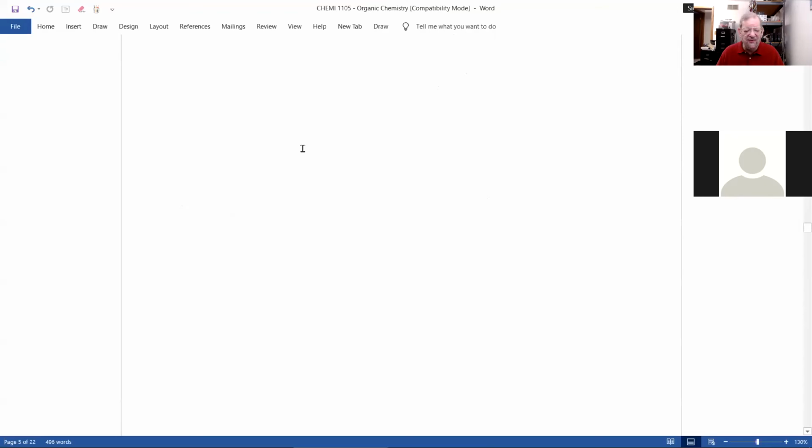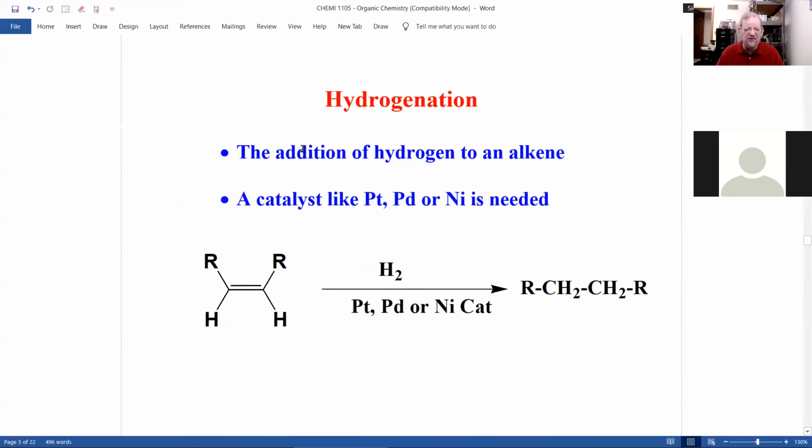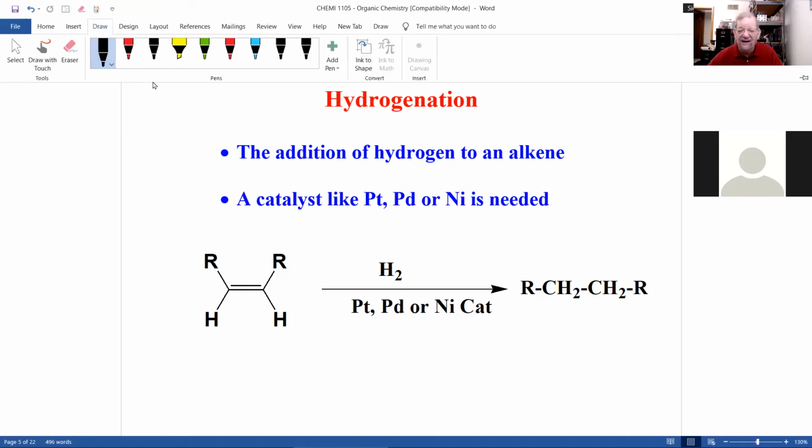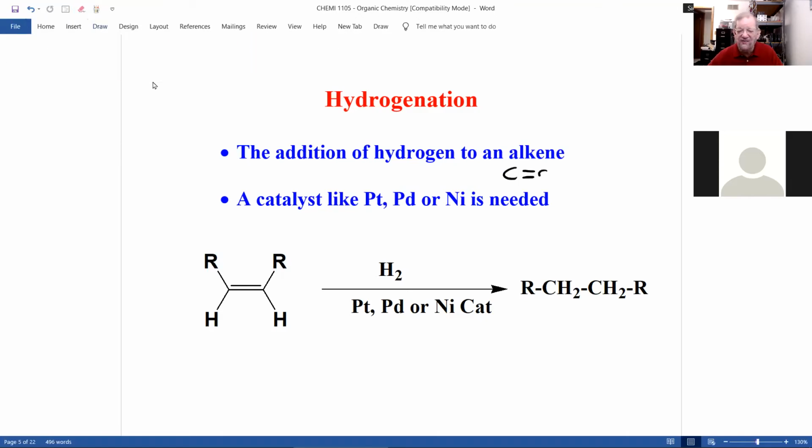All right, now another reaction I'd like you to learn is called hydrogenation. That's when you add hydrogen gas to an alkene. An alkene is a carbon-carbon double bond.